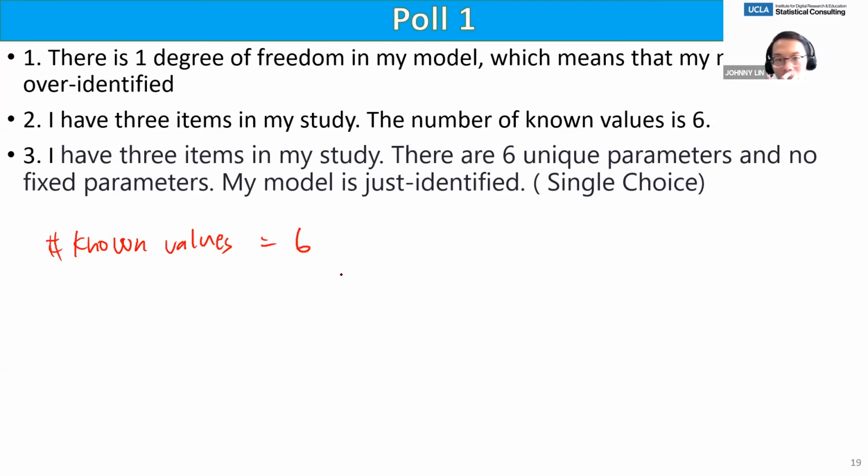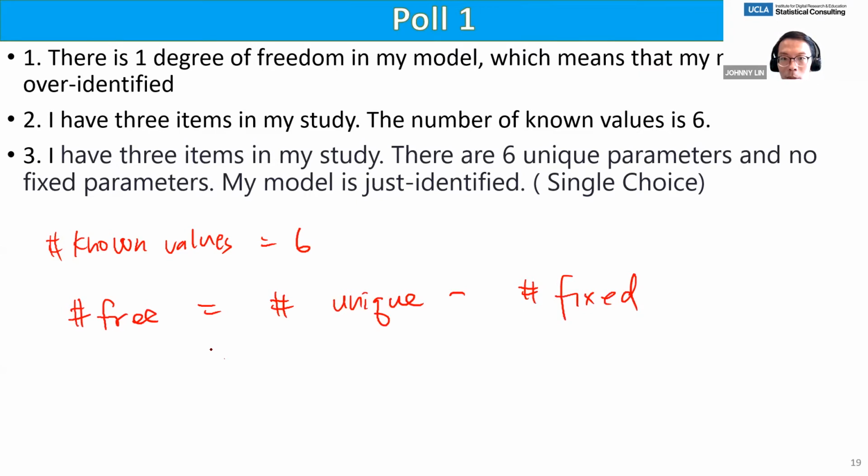Now it says there are 6 unique parameters and no fixed parameters, right? So remember the number of free parameters is equal to the number of unique parameters minus the number of fixed. So what is that? 6 minus 0 equals 6. And then the degree of freedom is the number of known values minus the number of free.